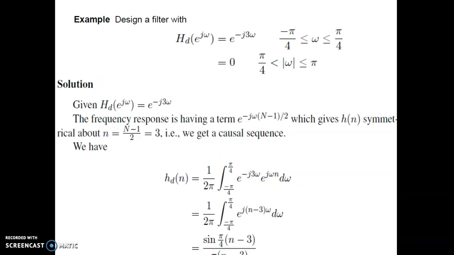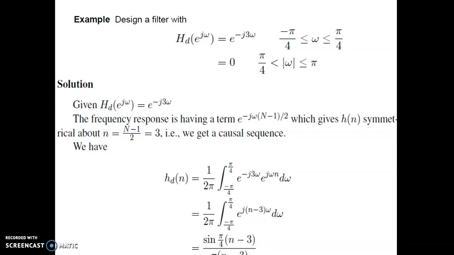Likewise, take another example where Hd(e^jω) is equal to e^(-j3ω) for -π/4 less than or equal to ω less than or equal to π/4, and equal to 0 when π/4 is less than |ω| less than π.